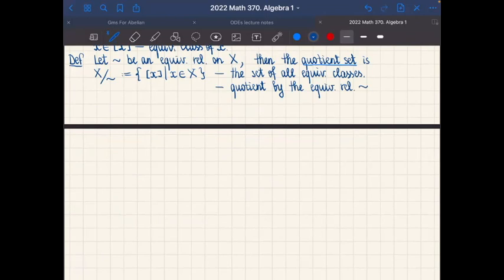From this, we get a map of sets, which is called the canonical projection. And I can call it pi. It goes from X to X slash tilde, and it sends x to the equivalence class of x.